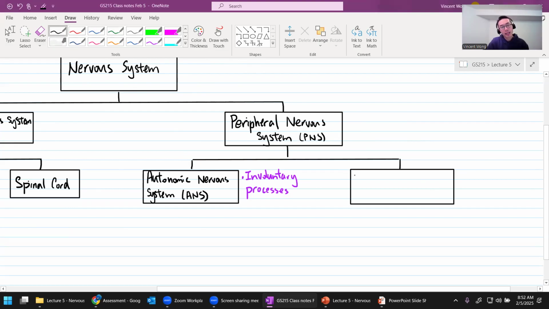On the other hand, things that you have control over, things that you can do voluntarily, like moving your arms, talking, walking around, those are governed by the somatic nervous system, the SNS.